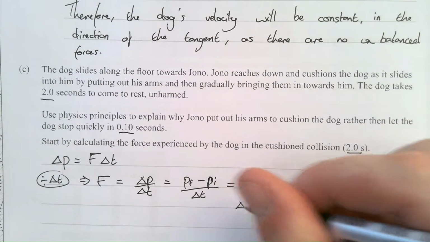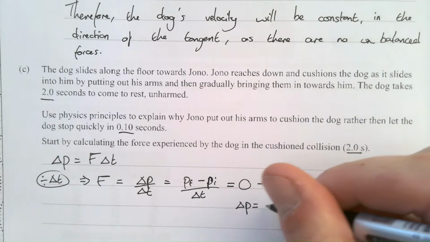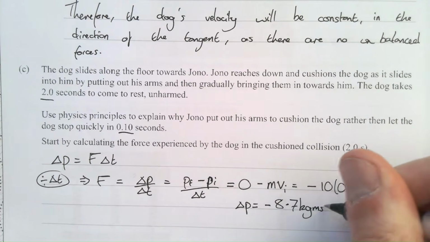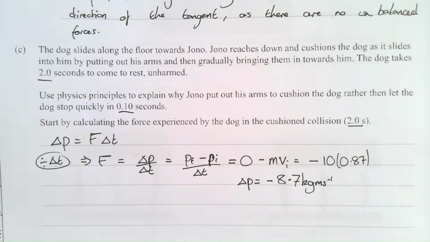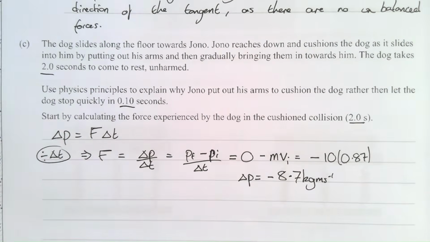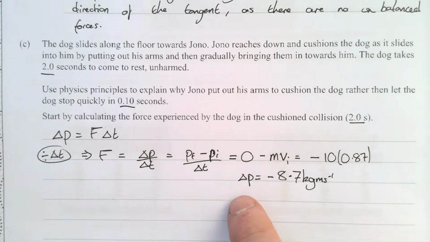And so our delta p is equal to minus 8.7 kilogram meters per second. Now, because he was initially moving, let's say, to the right, and as he slowed down, the change in momentum must have been to the left. Okay.